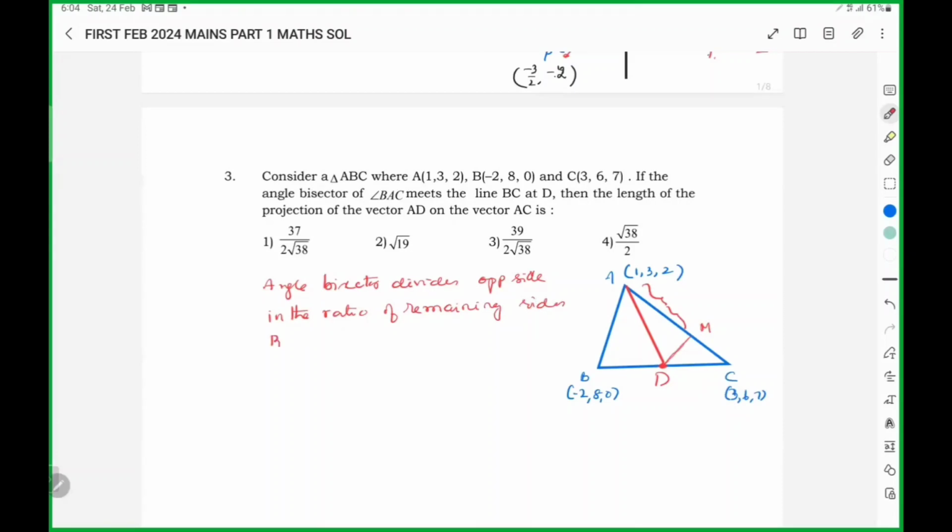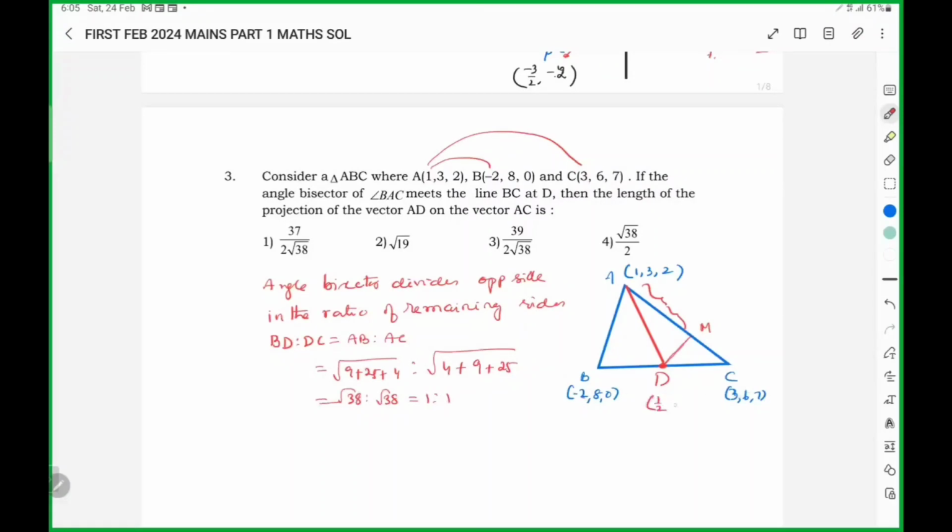That is, BD is to DC is AB is to AC. So AB here is root of 9 plus 25 plus 4. AC will be root of 4, 3 minus 1 whole square, 9, 25. Which is 1:1. So it is a midpoint.